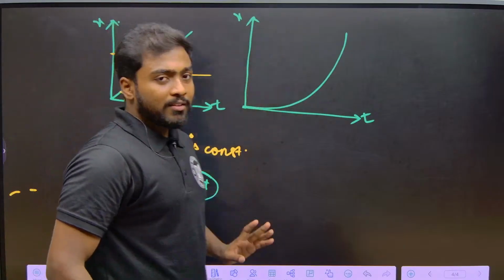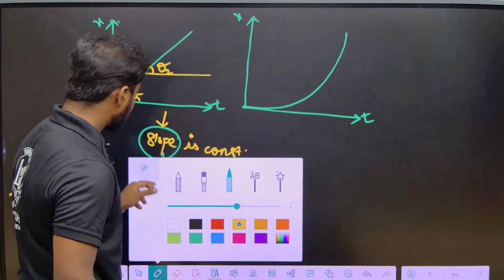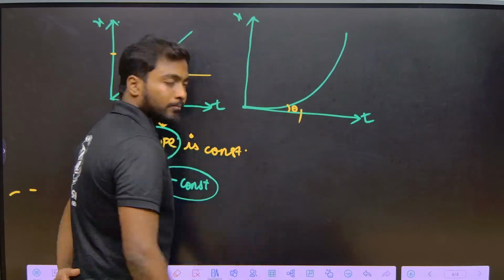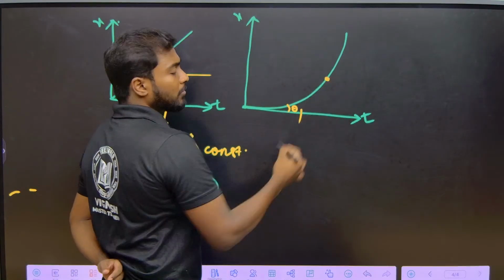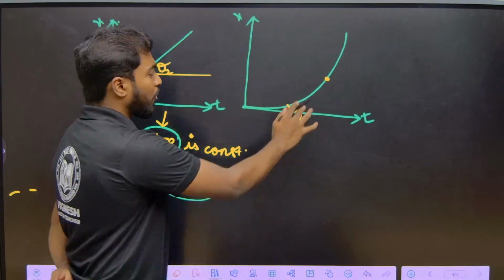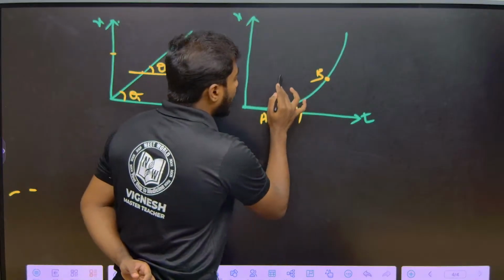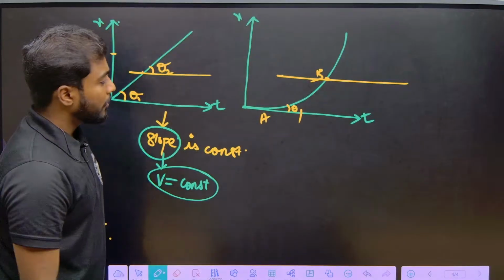Now we go for the second thing. If I take an angle, in this case here theta 1. Now let me take this point as some A and this point as B. So draw a horizontal line parallel to t, right?